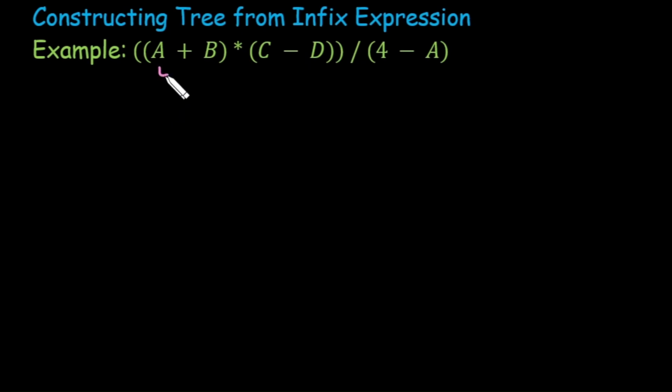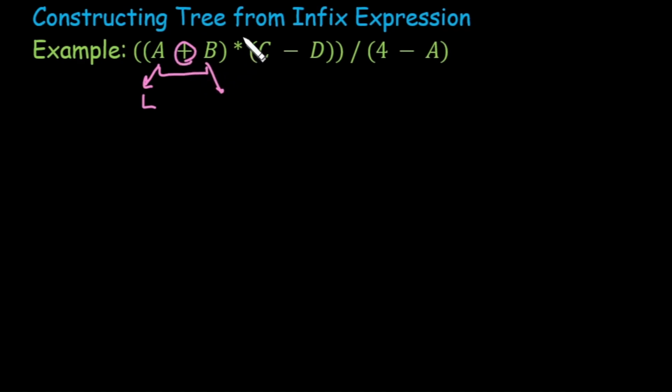If we study A plus B, as per the infix, it is in order. In order means left, then root, then right. So A is the left of plus and B is the right of plus, where plus acts as a root.